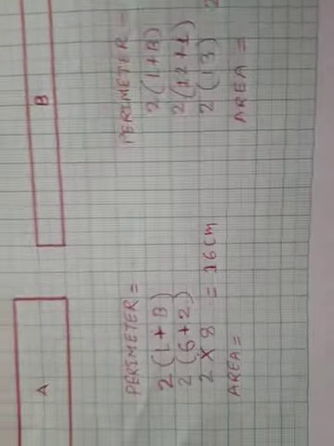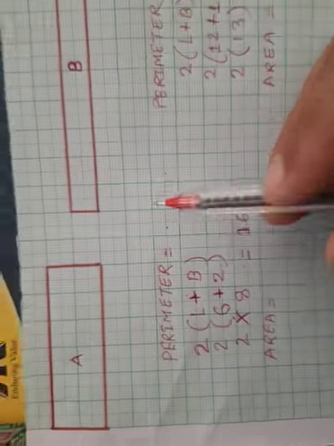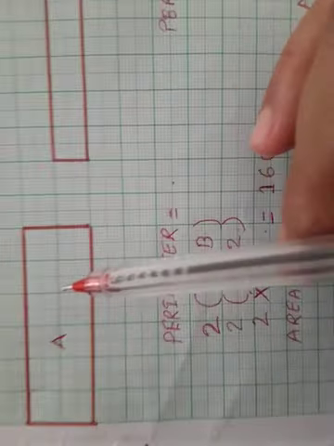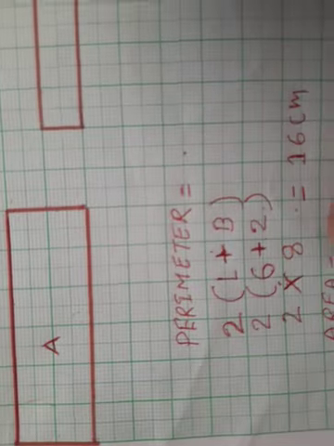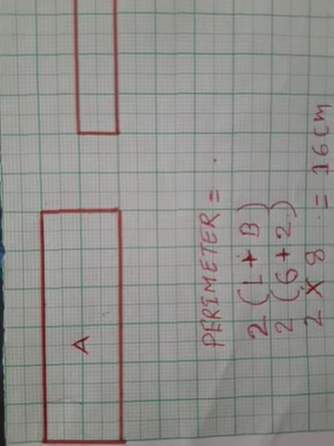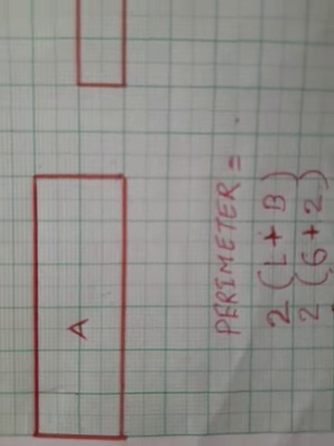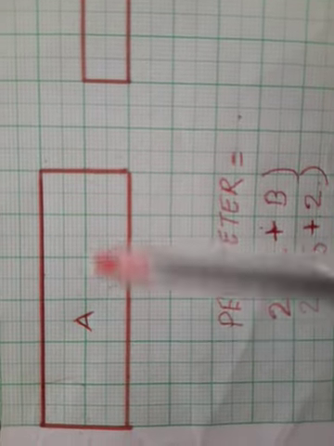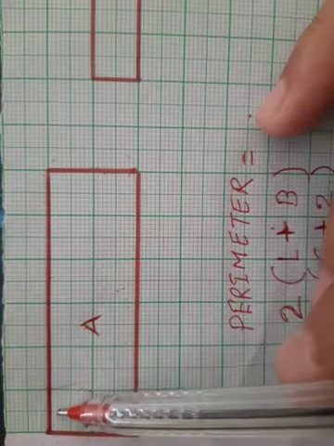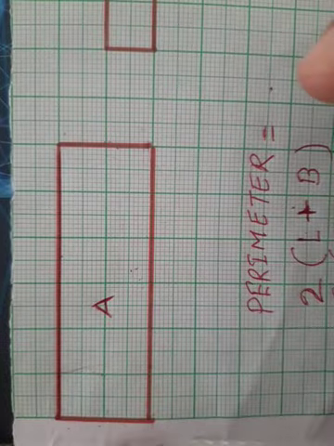Another term is area. What do you mean by area? Area of a shape is the occupied space. For example, in rectangle A, the rectangle occupies this area of this graph paper.